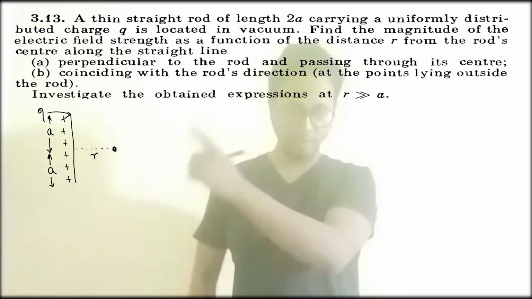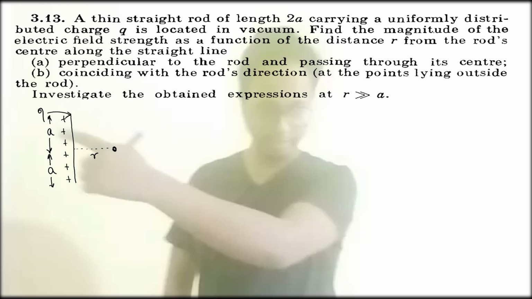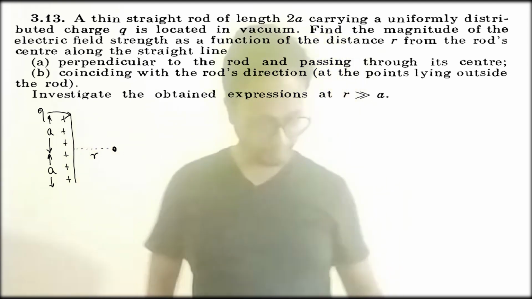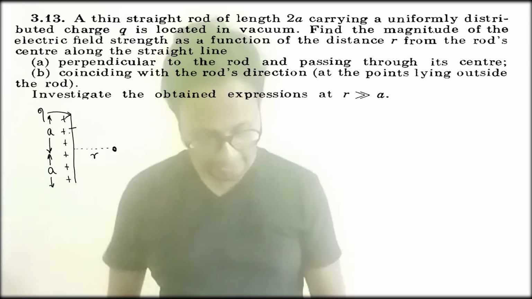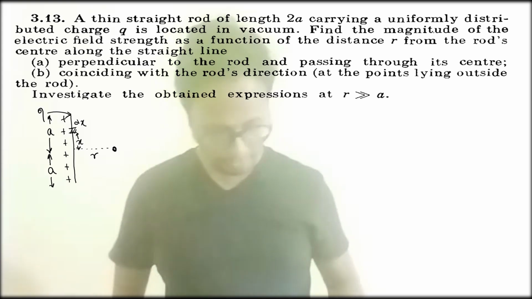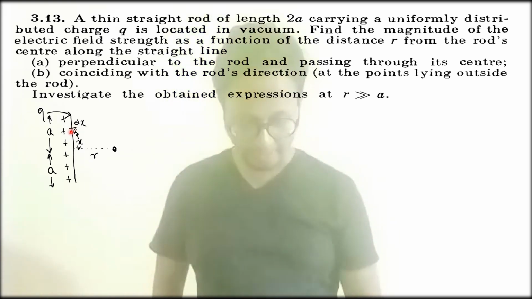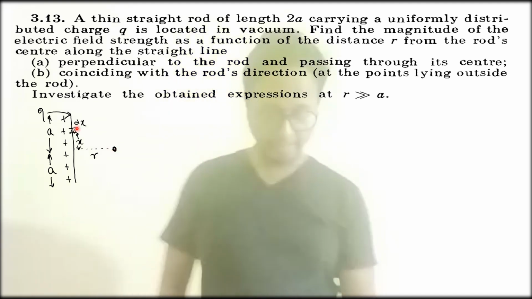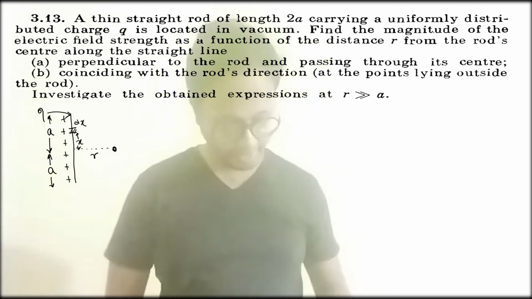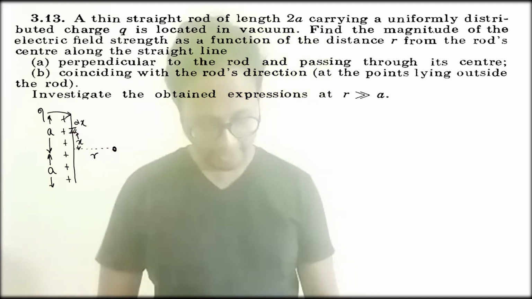So out here, this rod. I have to find the electric field, so let's take an element dx at length x. I have to find the electric field due to this element. Let the charge on this dx element be dq.